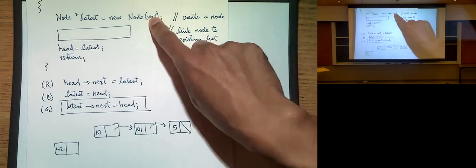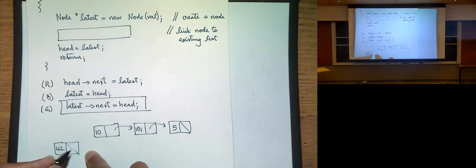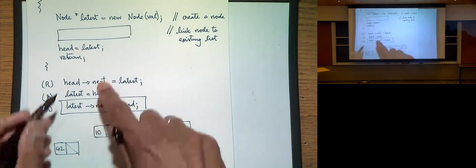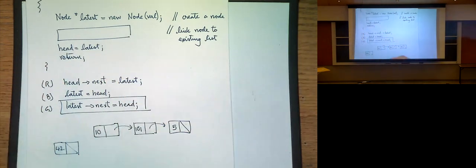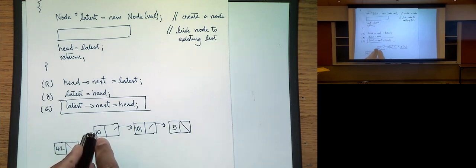So first I ran the constructor, and I got this new node which was linked, just that, like so. Now, in general, the easiest way to insert in a linked list is to insert at the head, not at the tail. So you insert at the beginning of the list, and that way your code is the easiest.